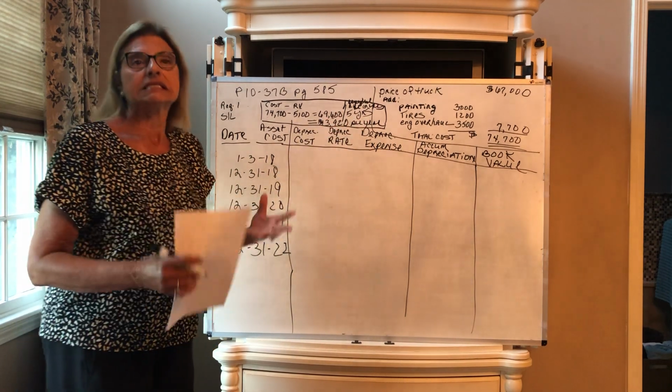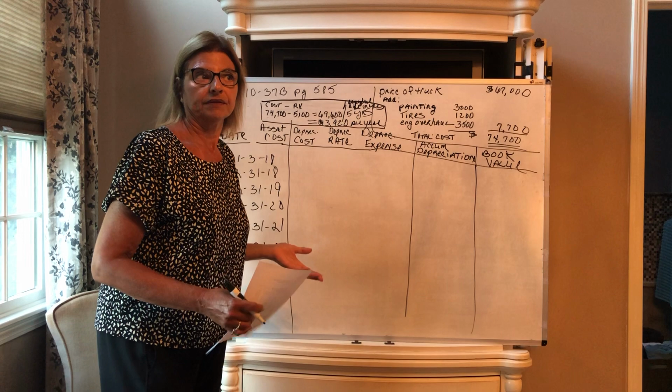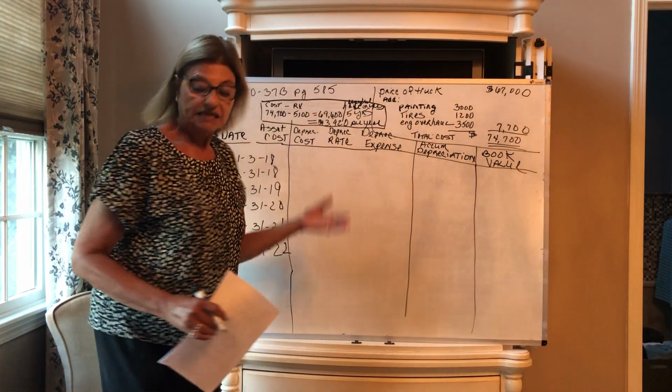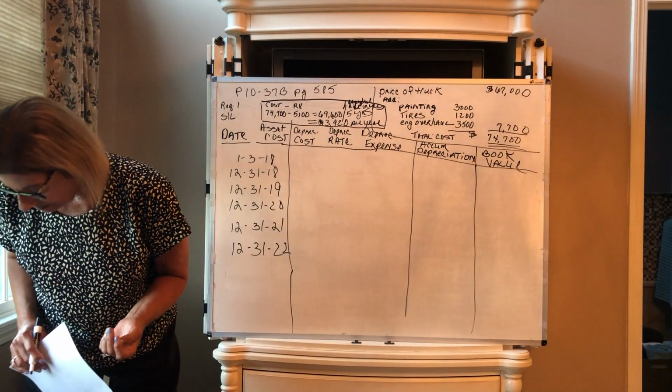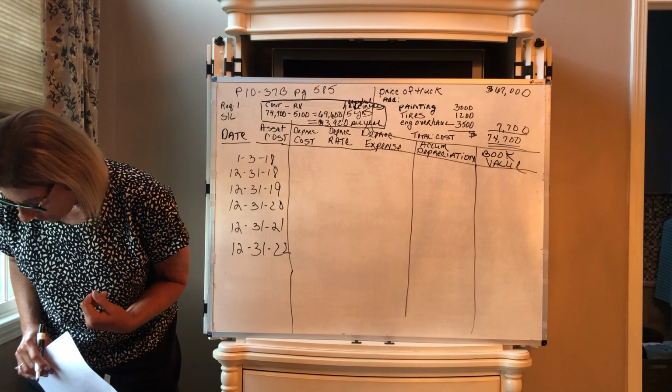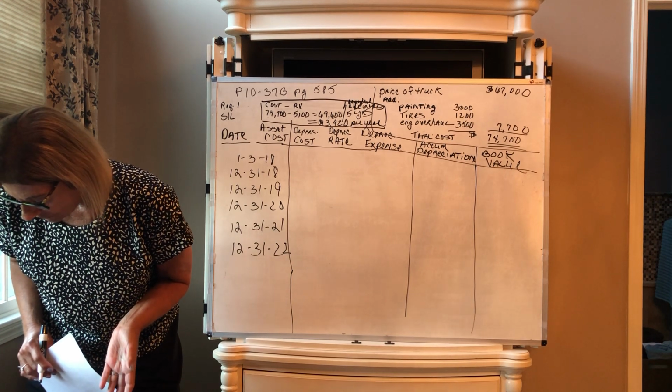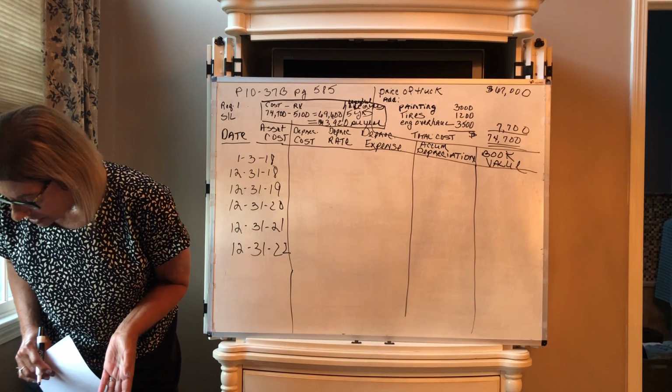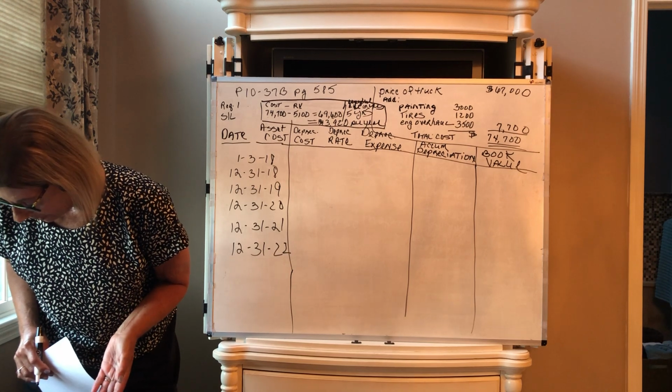That's just statistically. It can last a lot longer than that, okay? So they give you that information in the problem. The truck should remain in service for 5 years and has a residual value of $5,100.